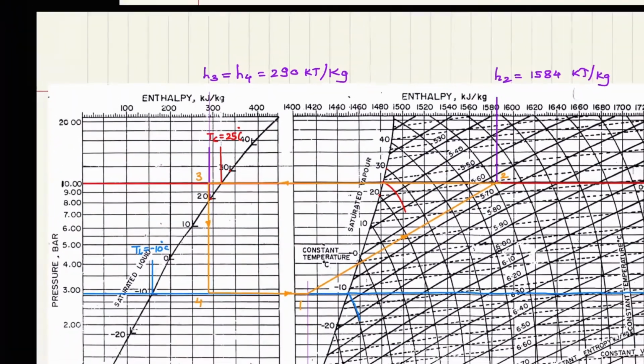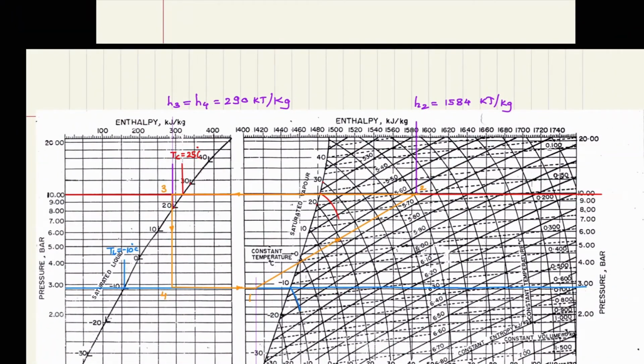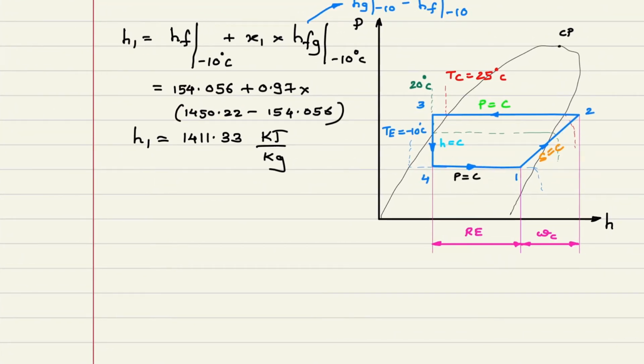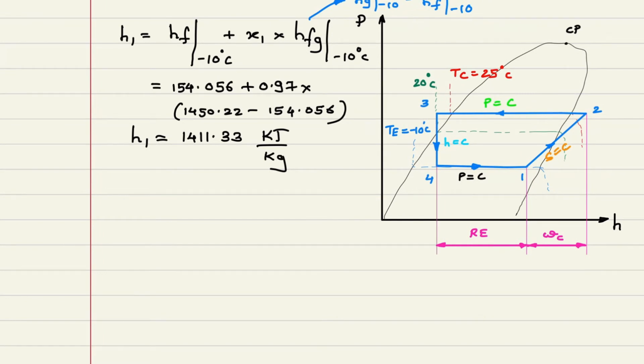Then after getting all the enthalpy values, we have to write them down. H1 we had calculated before, and using this H1, which we marked on the chart, it intersected with this pressure line. We got point 1 and then we drew the constant entropy curve where we can mark point 2. So we have read the H2 value.